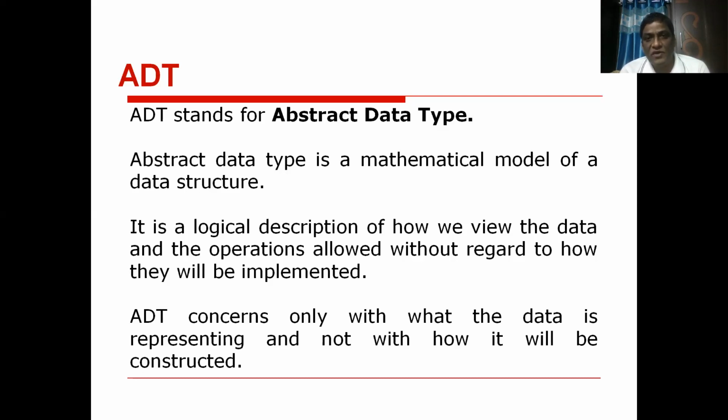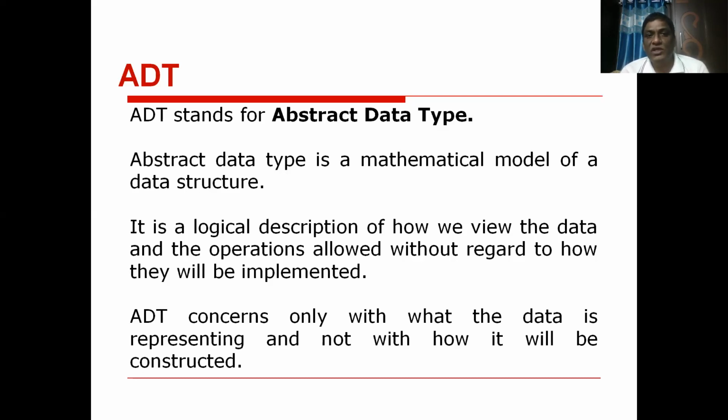It only specifies what are the data and what are the operations. ADT will never specify how the data is stored and how the operations are implemented. It will never talk about those implementation details.